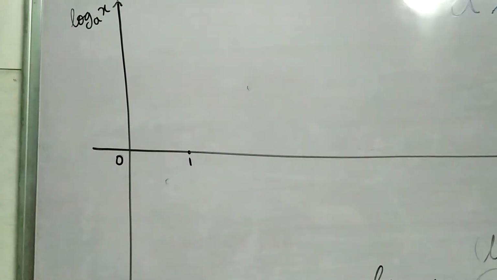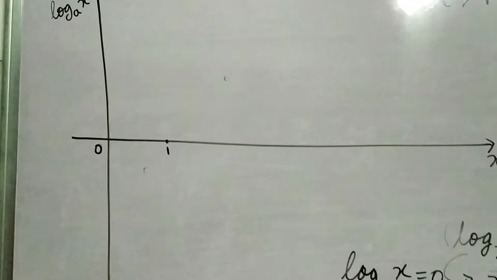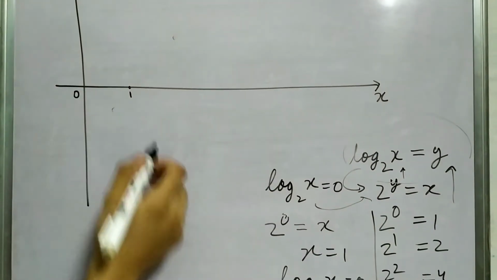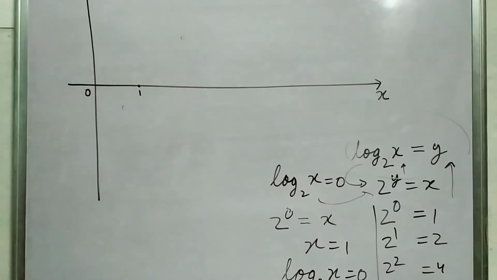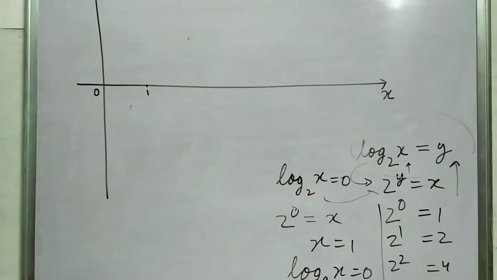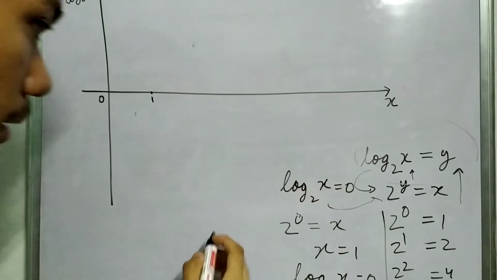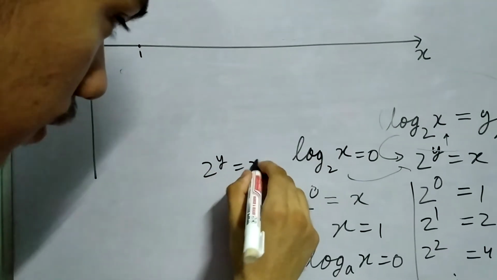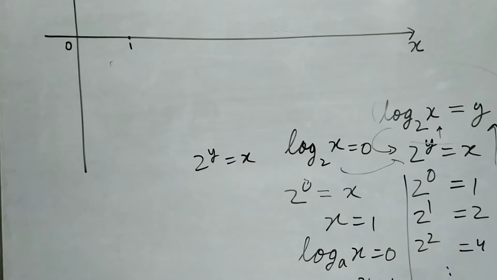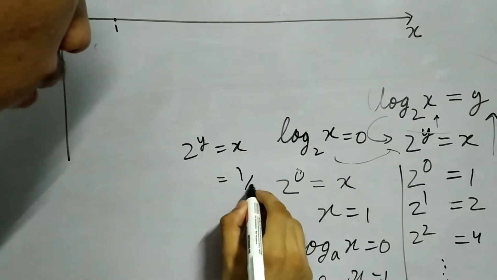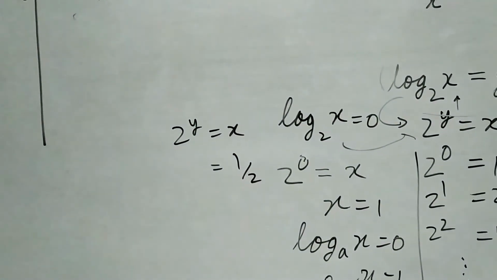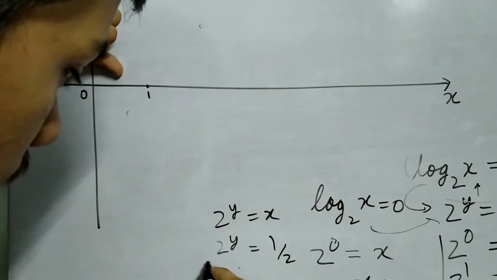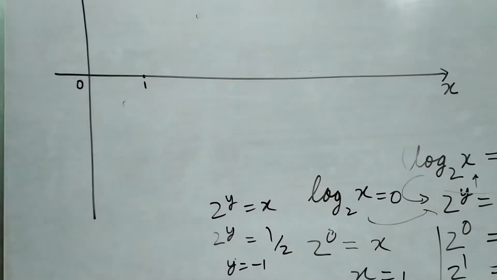Now what if we start to decrease x? If we start to decrease x between 0 and 1, the function has to decrease. Let's see how it drops, rapidly or what. So 2 to the power y is x. Let me take x is equal to 1 by 2, somewhere here. 2 to the y is 1 by 2, so clearly y is minus 1.